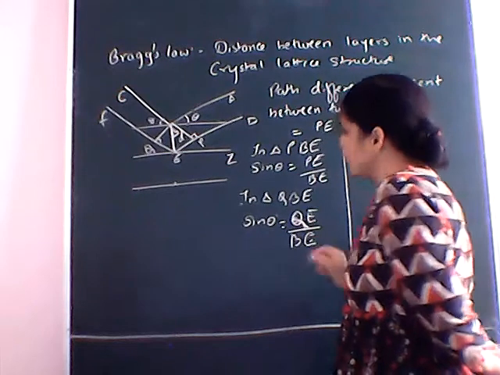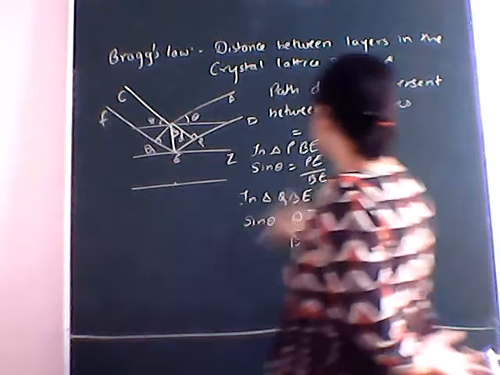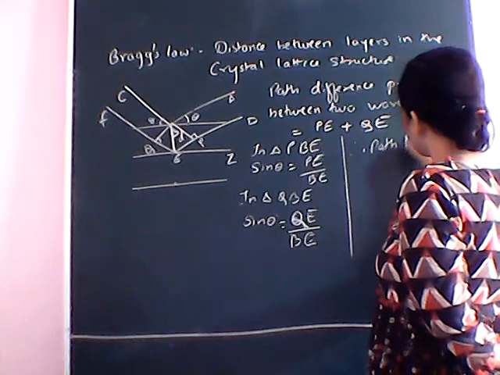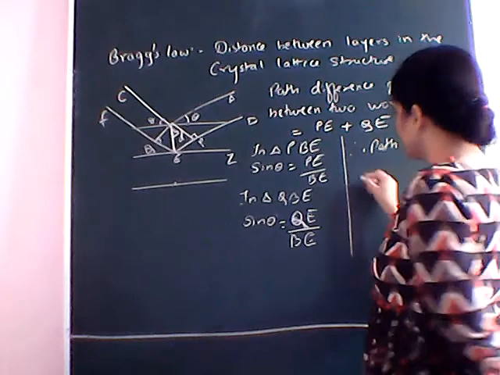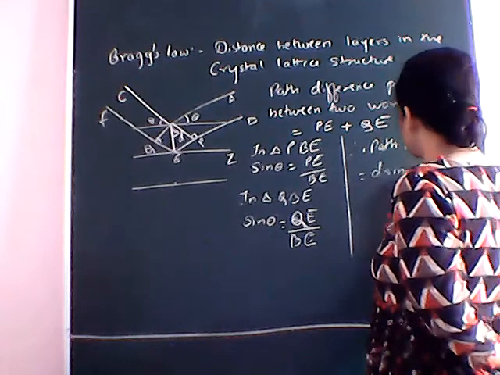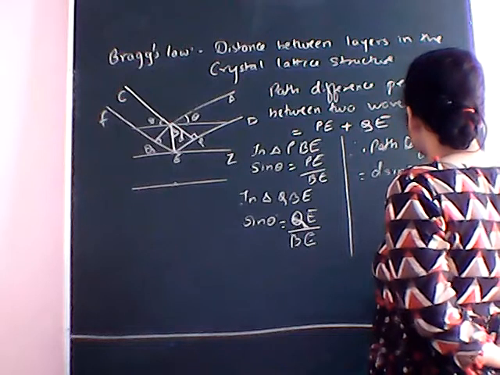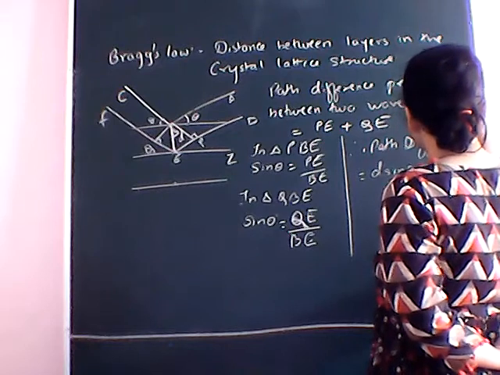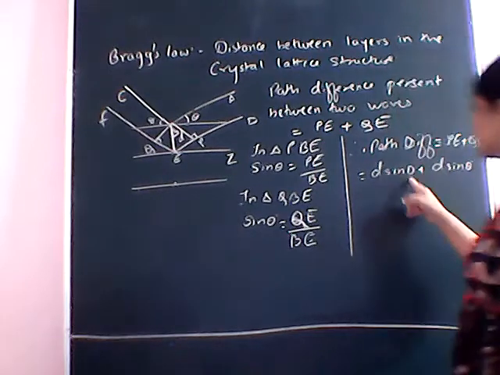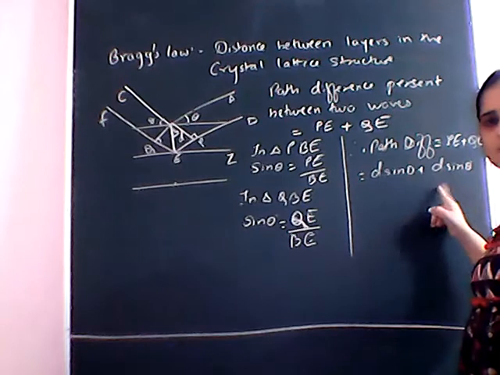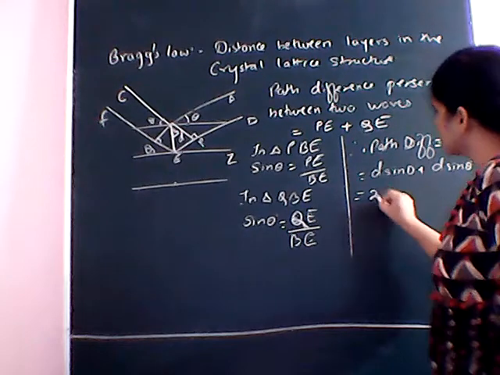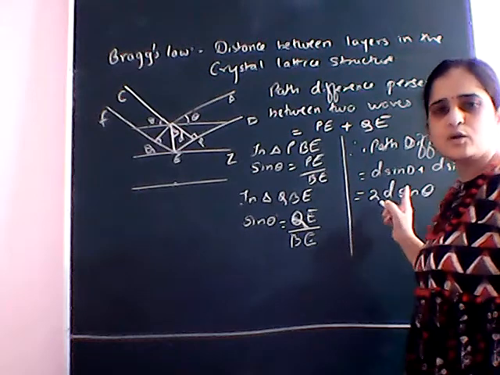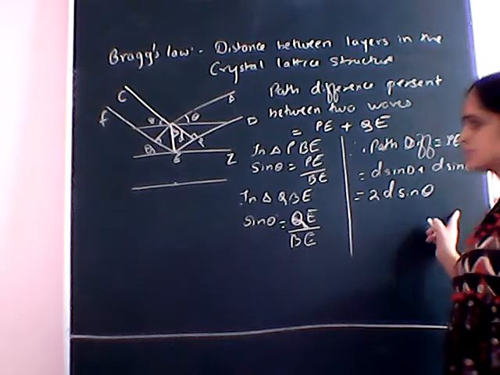Now, therefore the path difference will be d sin theta plus d sin theta. How? Because path difference is equal to PE plus QE. Now what is PE? PE is equal to d sin theta. QE is also equal to d sin theta. So that is equal to twice d sin theta.